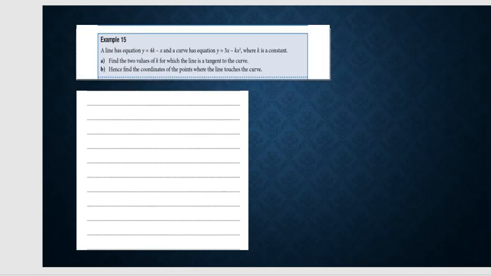Look at number 15. A line has equation y equals 4k minus x, and the curve has equation y equals 3x minus kx squared, where k is a constant. Find the two values of k for which the line is a tangent to the curve. So let's start with the first one.